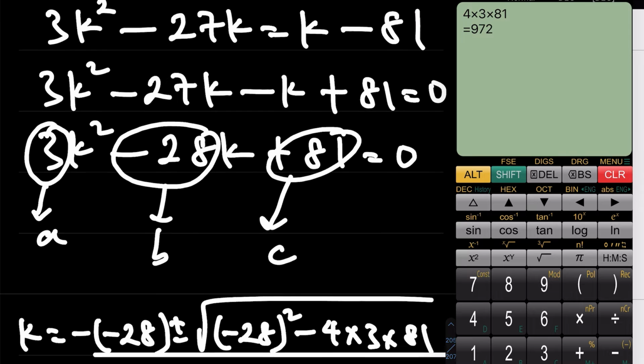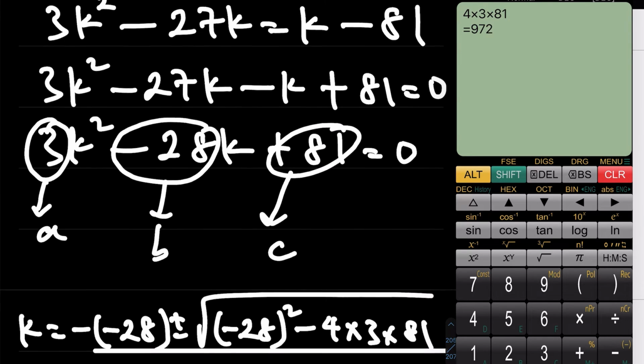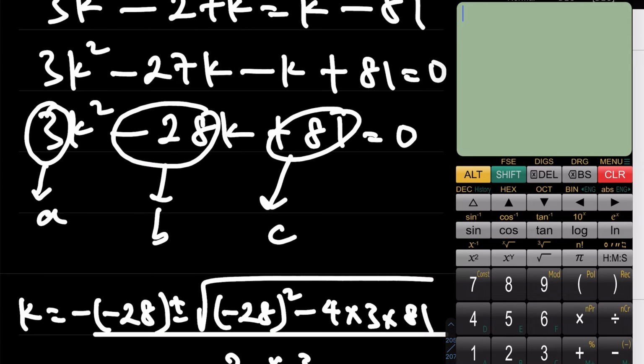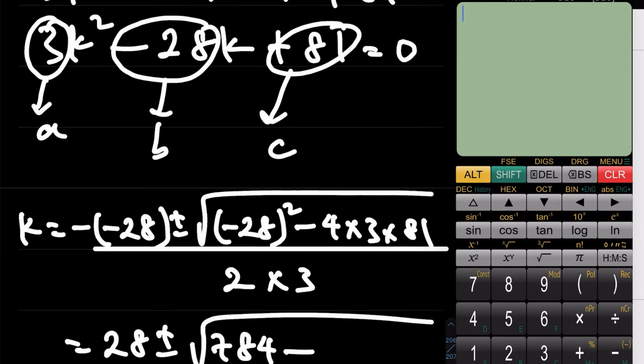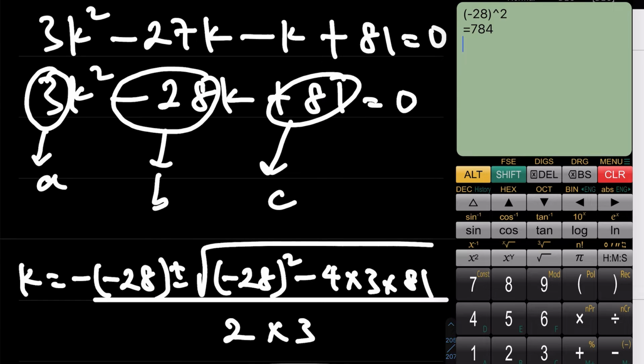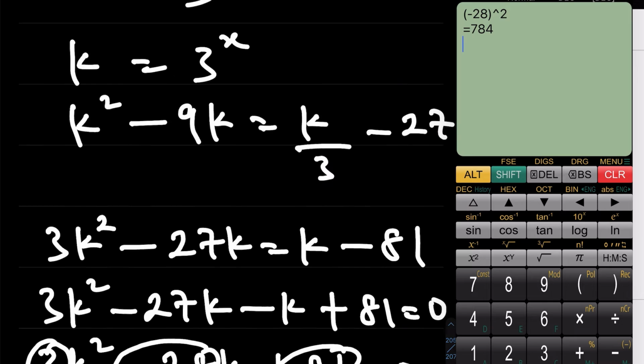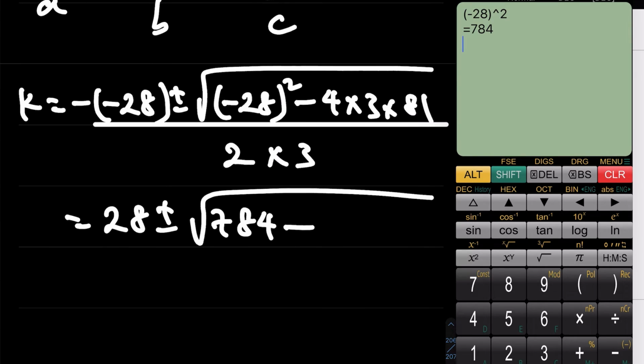Minus 4ac. Let's check that again. Minus 28 squared. That's 784. 4 times 3 times 81 minus 4ac. I hope there's no error in this question.